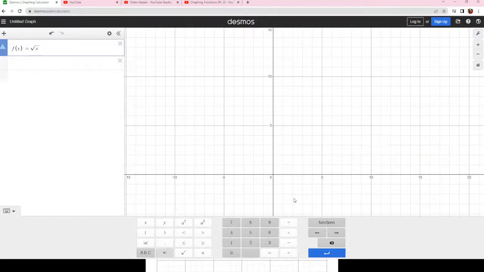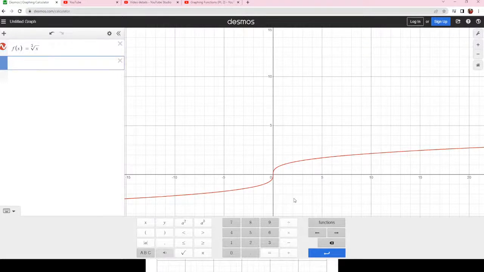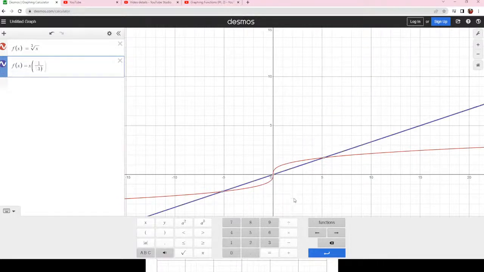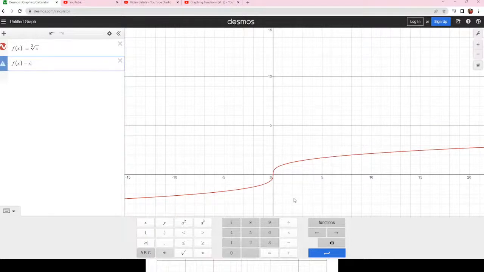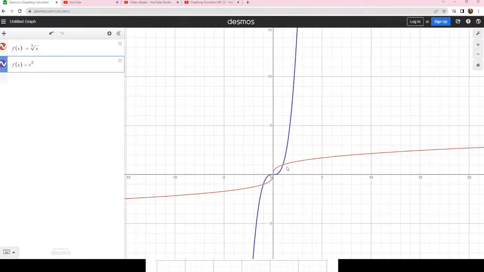Now, let's have a look at something real quick. Notice the cube root of x gives us, oh, sorry, I just gave you the same thing. Hang on. Notice the cube root of x is really just the cube of x turned on its side.